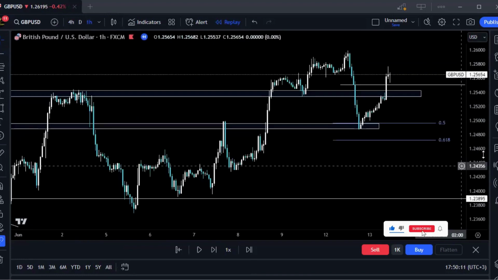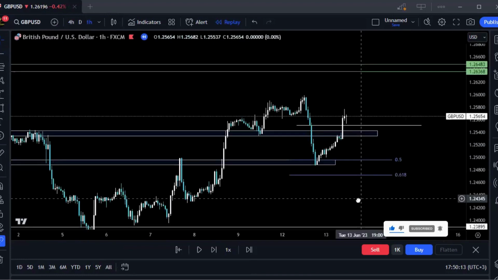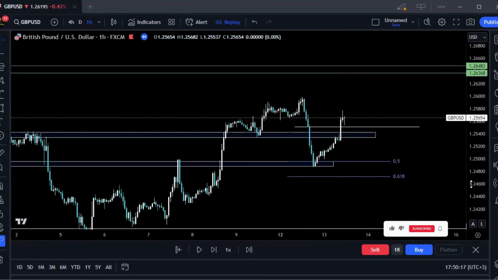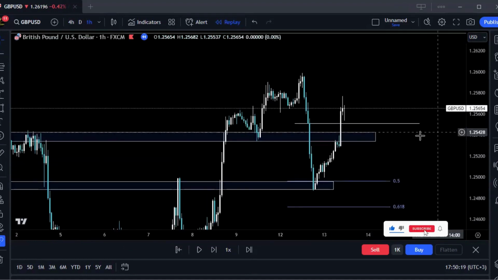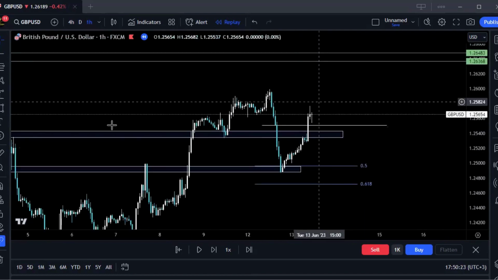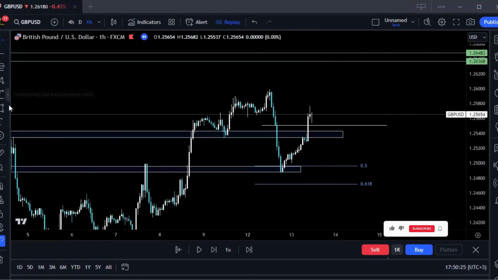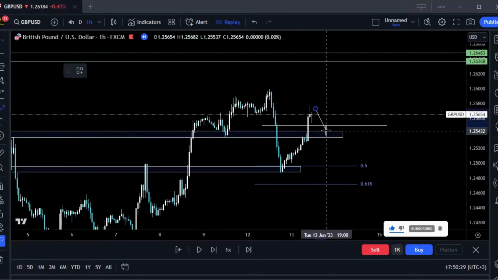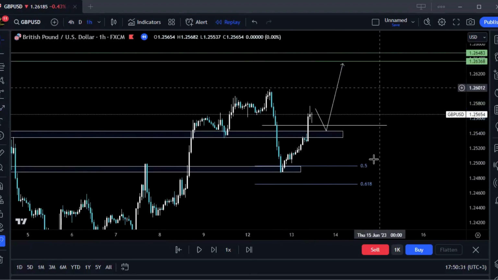1 hour. Prices just pumped like that. Crazy. Okay, so with this impulsive break, with that impulsive break, some kind of a retracement to give me that continuation.